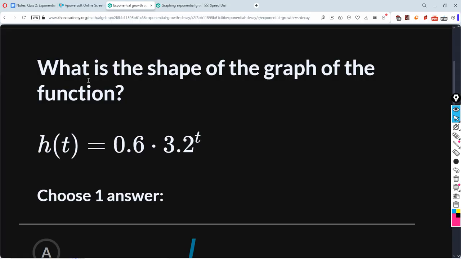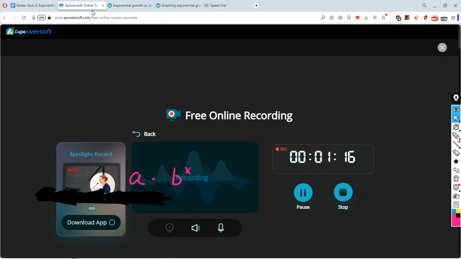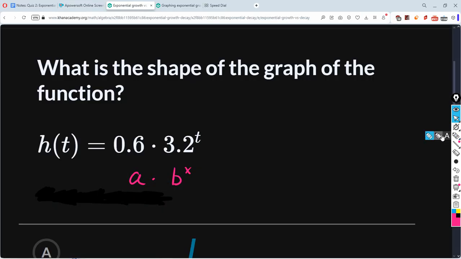All right, so they ask us, what is the shape of the graph of the function? H of t equals 0.6 times 3.2 to the power of t. Now, this is in the form of a times b to the power of x. All right, so we can clearly see that the 3.2 is our value for b.